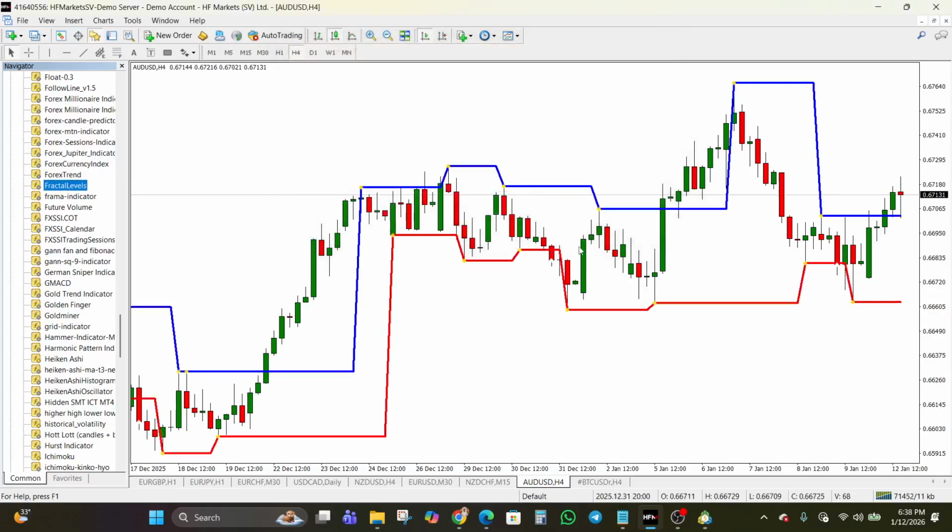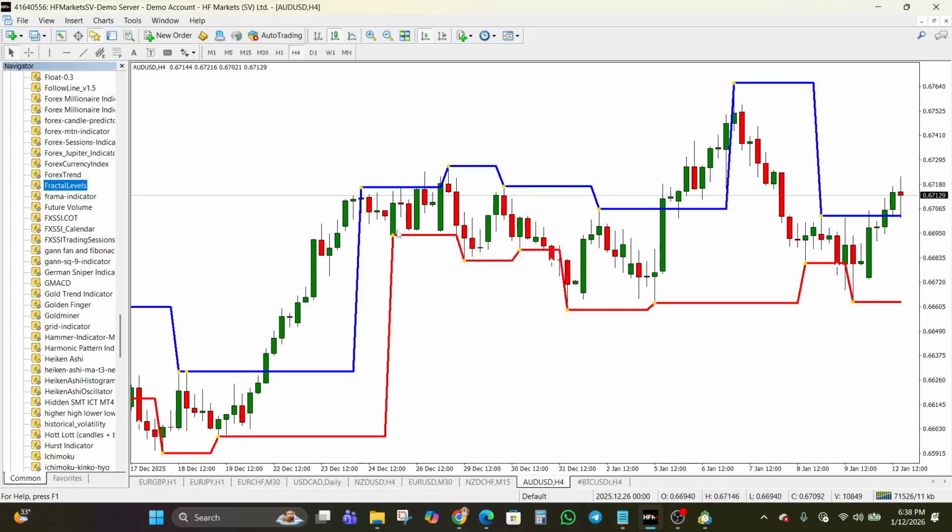Now, as you can see, this indicator is designed to automatically plot key support and resistance zones based on recent fractal swing highs and lows. If you look closely, you will notice that in addition to this blue line and this red line, there are diamond-shaped dots around the points where these lines are connected.